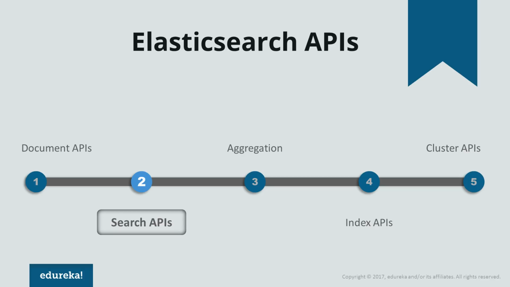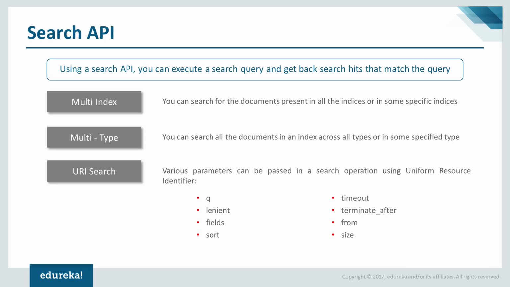Now let's go to the search API. Using a search API, you can send a search query and get back the search hits that match the query. Search, as the name says, is used for getting results from a set of data. It can be multi-index, multi-type, or based on URI search. Let's talk about what multi-index is.